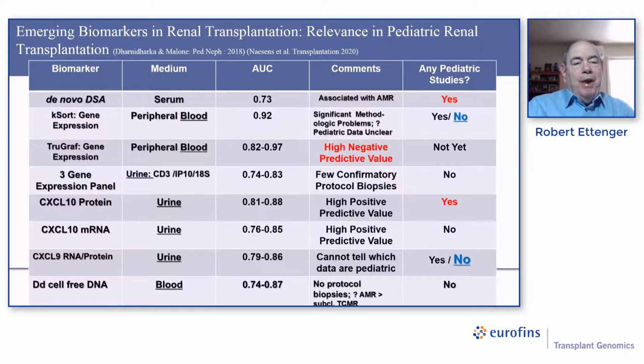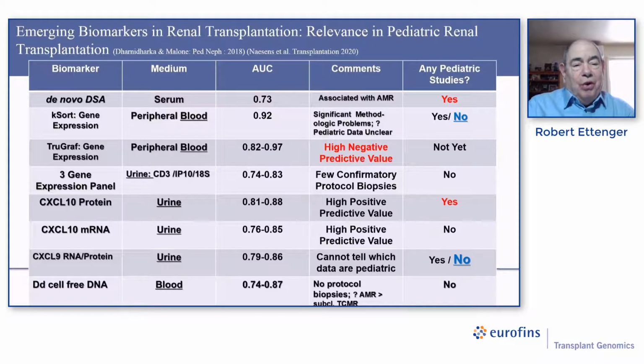I've listed under the biomarkers peripheral blood, serum, and urine tests. I've listed in the middle the reliability of those tests as manifested by the AUC of the validation studies. And then I have some comments that I will just briefly go through.